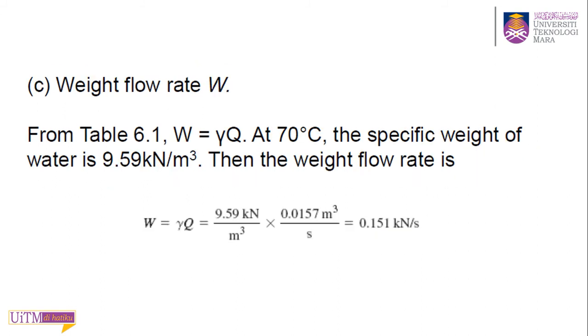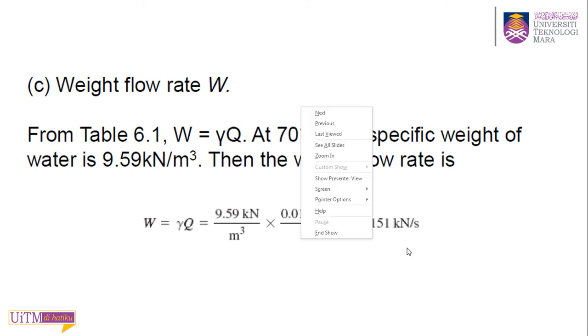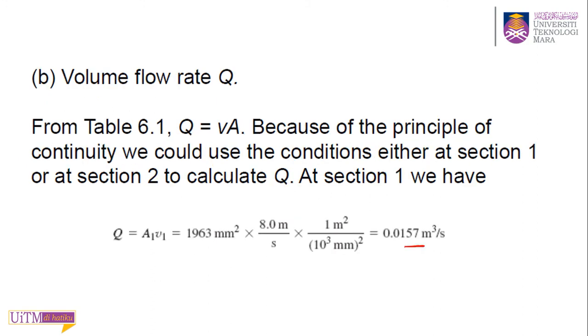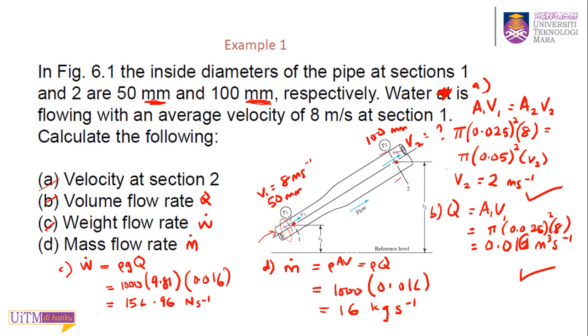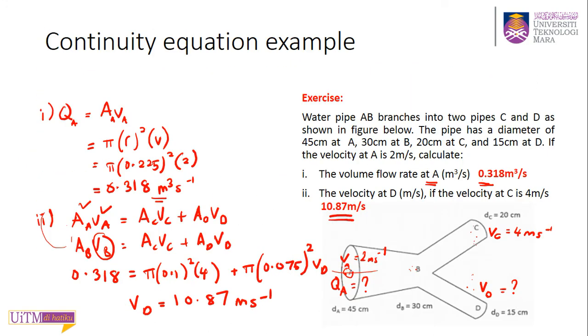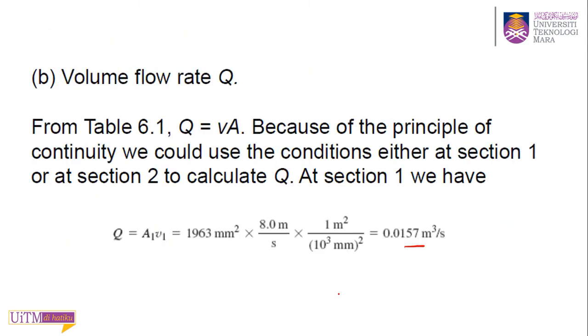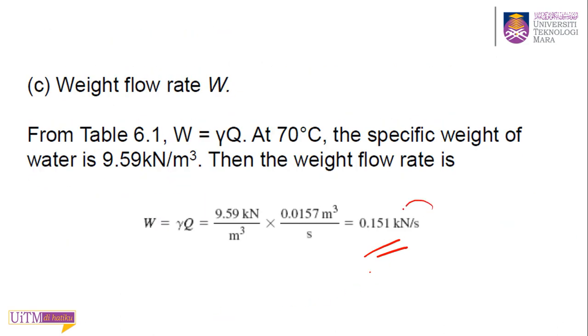Okay, the next one, this is 0.151, and what we get, 156.96 is newton per second, and they provide it in kilonewton, so it's just the same.